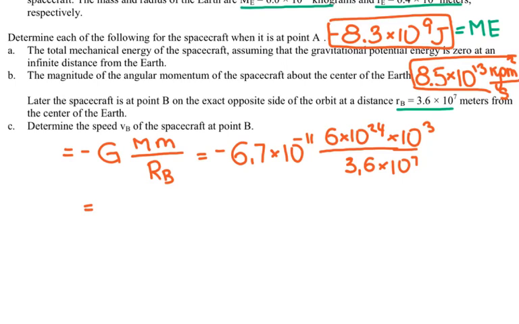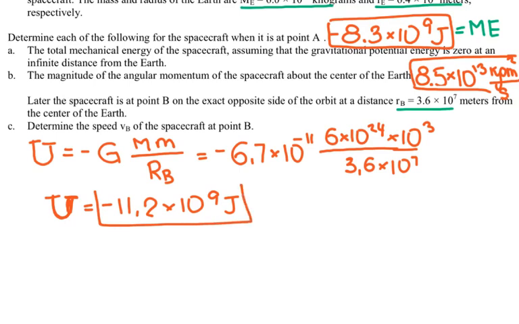So my new potential energy, I should write it more like a U, not a velocity, is equal to negative 11.2 times 10 to the 9 joules.